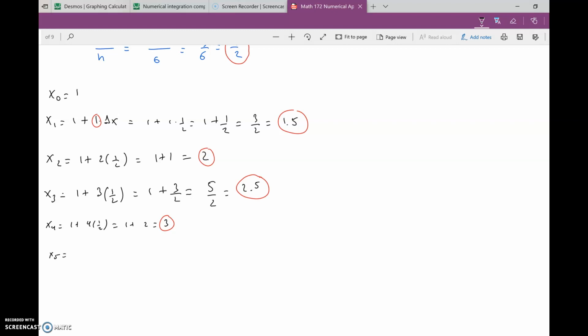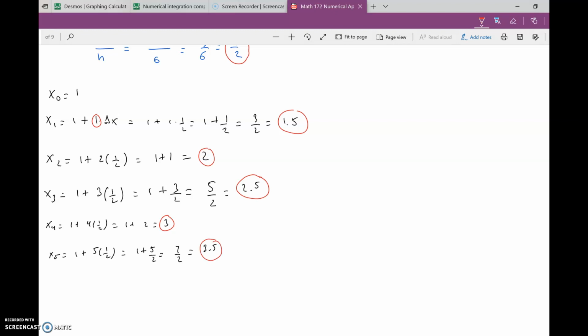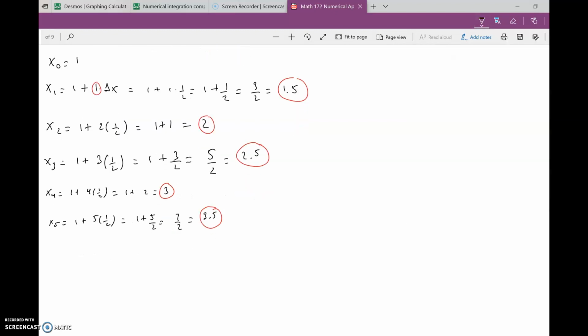So x of 5 is equal to 1 plus 5 times 1/2, or 1 plus 5/2, or 7/2, which is going to be 3.5. The last one, it's going to be x of 6, which is equal to 1 plus technically 6 times 1/2, or 1 plus 3, which is equal to 4.